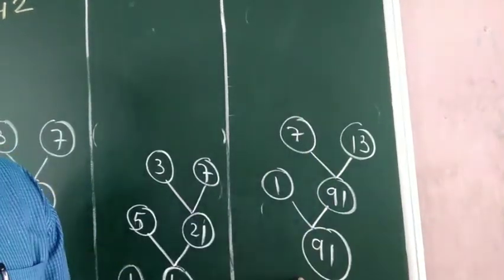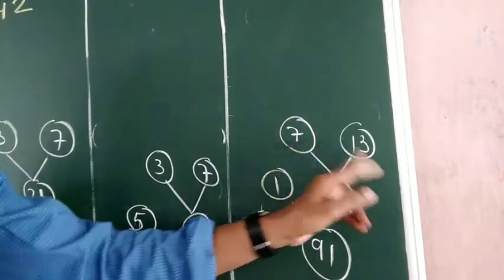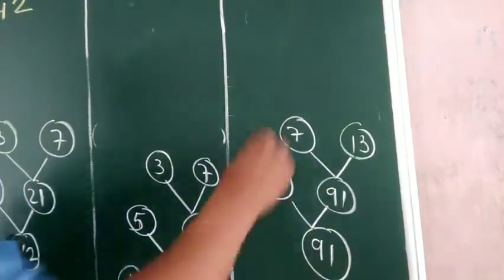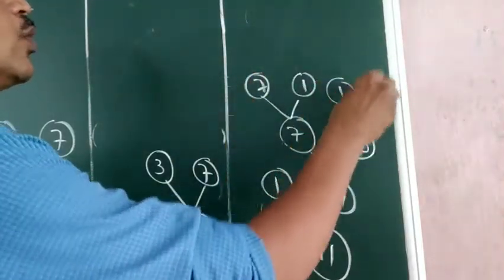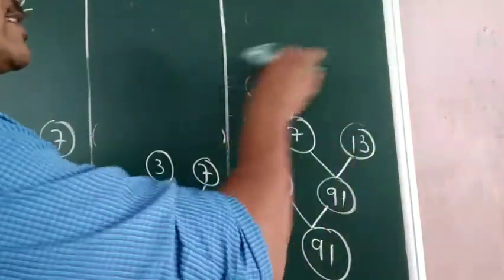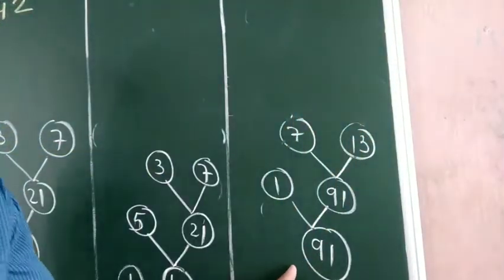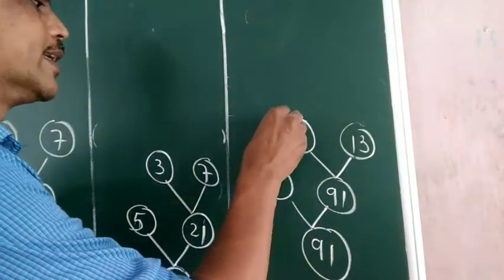It is only one factor tree. Now both are prime numbers here. So here there will be 1 into 7, and here 1 into 13. So there are no more factors here. So this is the only way of the factor tree of 91. 91 की factor tree का only यहाँ पर एक ही तरीका है.